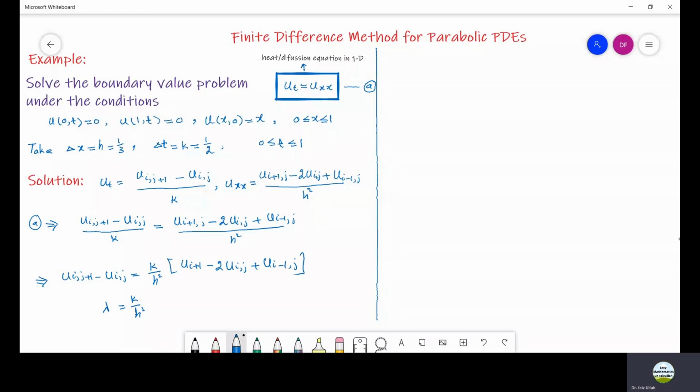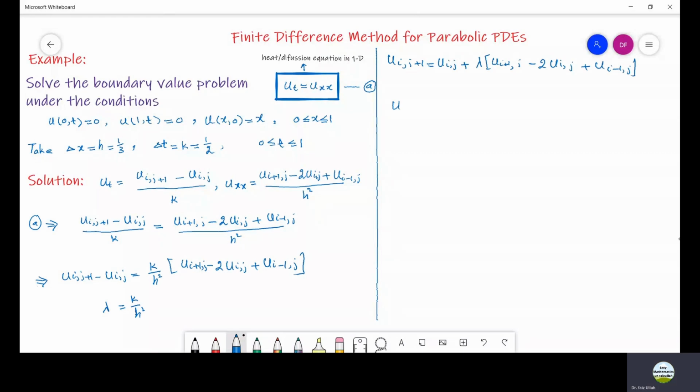So from this we obtain ui j plus 1. Taking ui j to the other side, we have ui j plus lambda into ui plus 1 j minus 2 ui j plus ui minus 1 j.